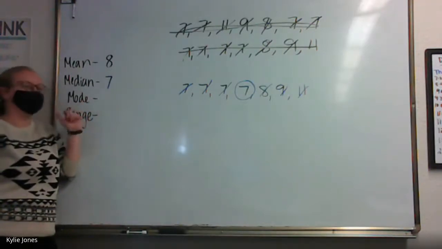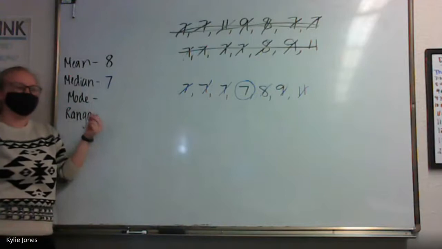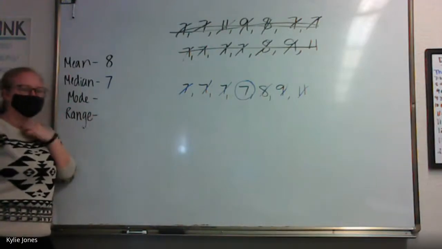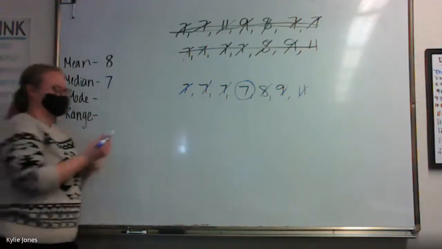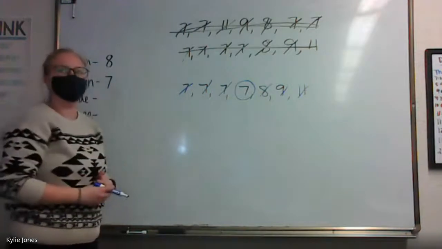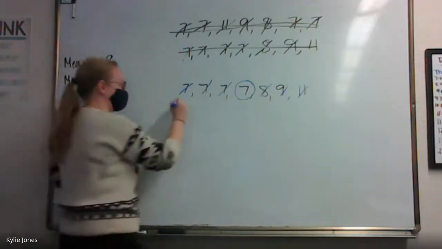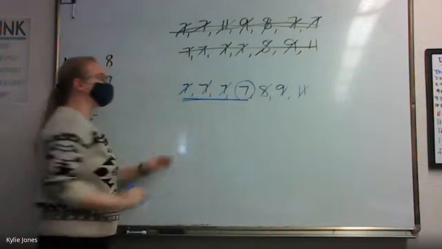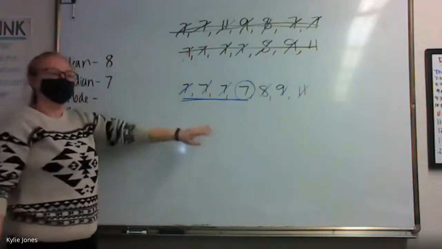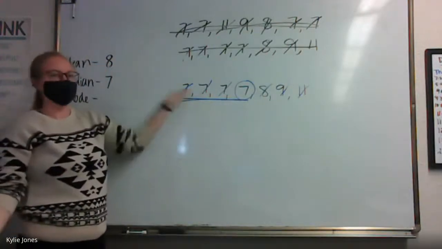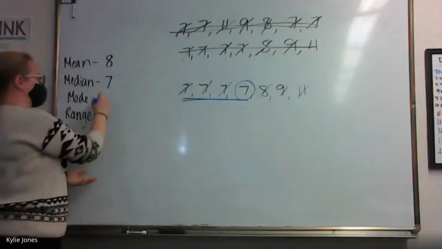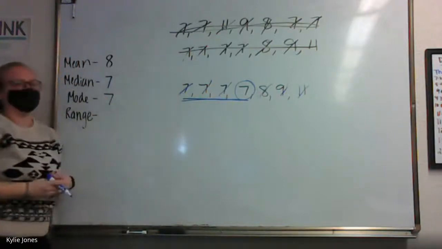Most. Mode means the most. The number that happens the most. Which number do you see that happens the most? 7 happens the most. There's 4 7s here. So there we go. Our mode is 7. It happens the most.